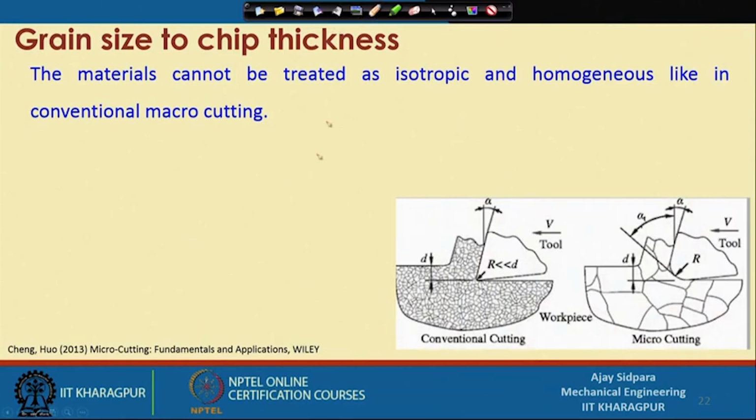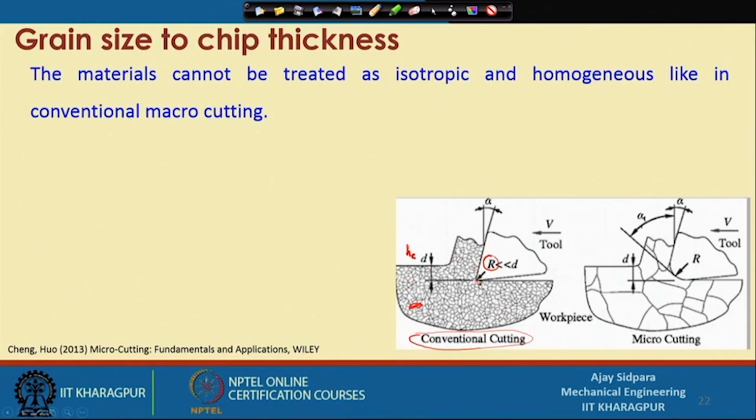What this figure tells us is that this one is R and this one is D. This one is considered HC, what we are just nomenclating as HC, and this one is R, that is the cutting edge radius, and this is our conventional machining. And we can see here that these are the small grains. These are not actually small, but because of the scale of macro machining or conventional machining, it looks very small in this case.